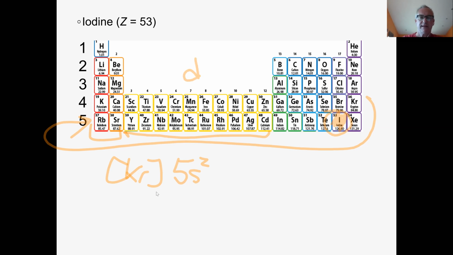That's the d block. So that's 4d10. And then we come to the p block, and there's 1, 2, 3, 4, 5. So 5p5. So is it going to add an electron or lose an electron?